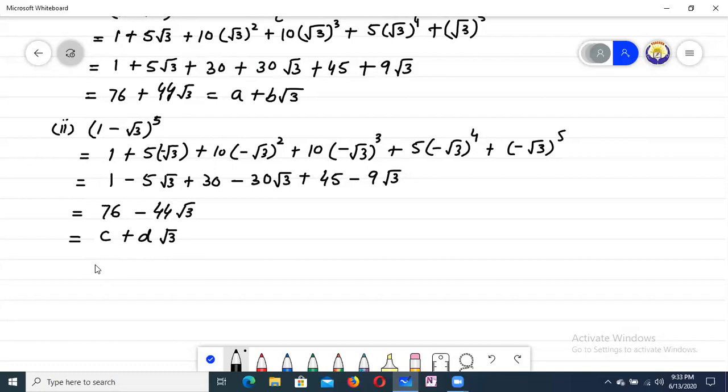Now part C here is: use your answer to part B to simplify 1 plus square root of 3 raised to the power 5 plus 1 minus square root of 3 raised to the power 5.